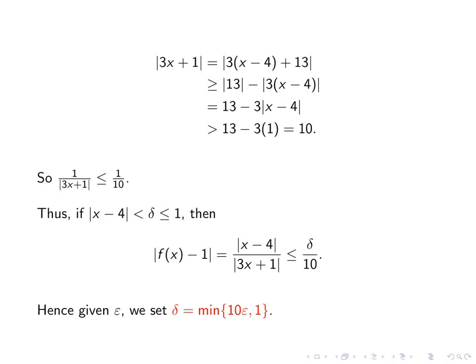So in our proof, we're going to set delta to be the minimum of 10 epsilon and 1. If delta is 10 epsilon, then this becomes epsilon. Now we're ready for the proof. See if you can put it all together before you go on to the next slide. Just take a second.